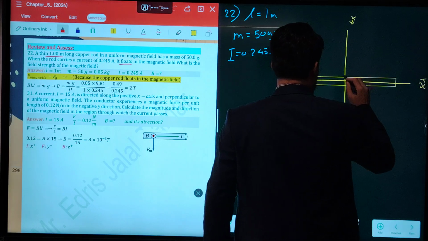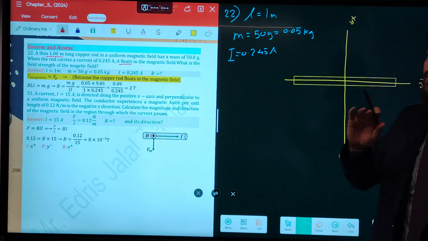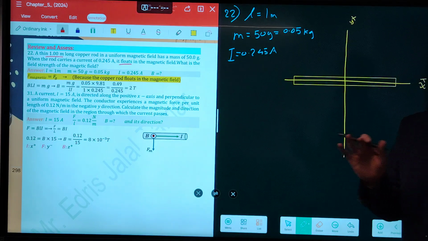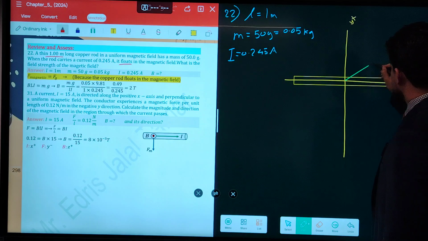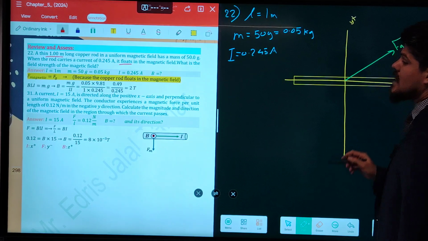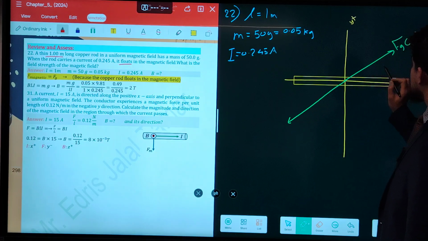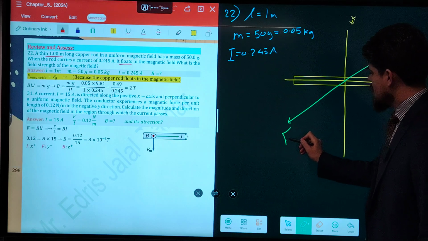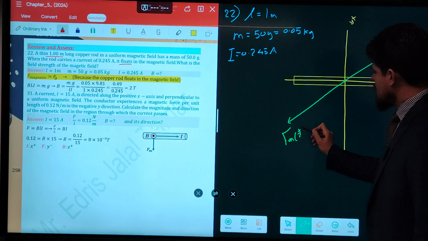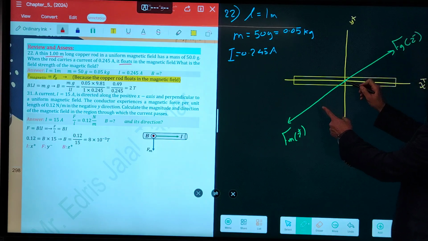The gravitational force is always downward into the page, Z negative. The direction of the magnetic force is opposite to the gravitational force, so the magnetic force is Z positive.